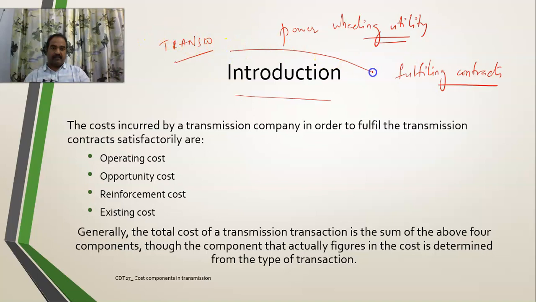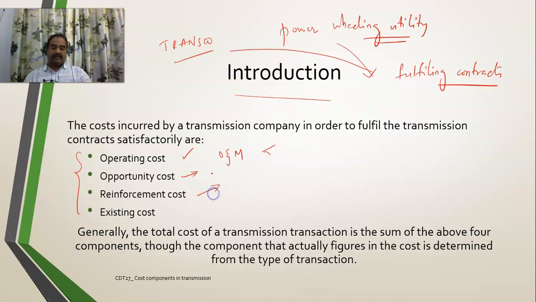So any of these utilities, while fulfilling their contracts, will be incurring some costs, and that cost consists of operation cost, what we call O&M. It includes everything which is associated with the daily operation of the transportation of electricity. Opportunity costs, which include the losses which they might have faced in fulfilling this contract.